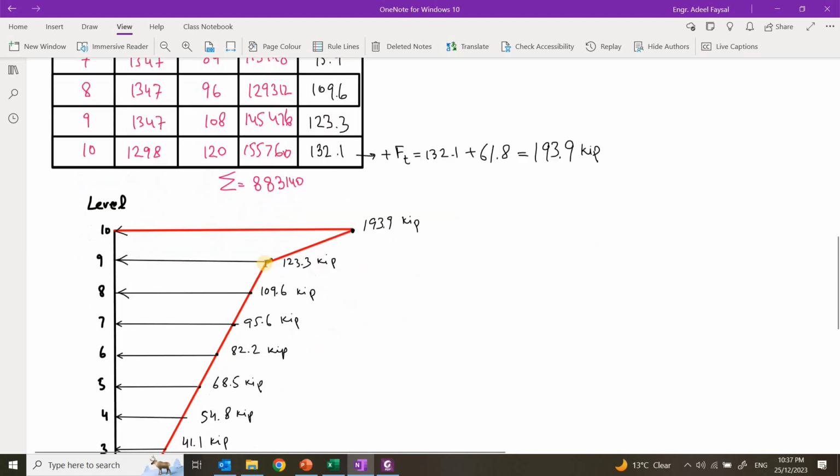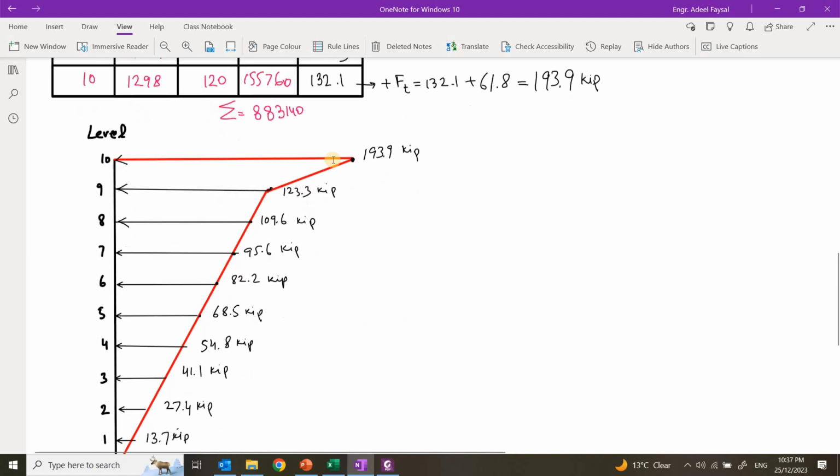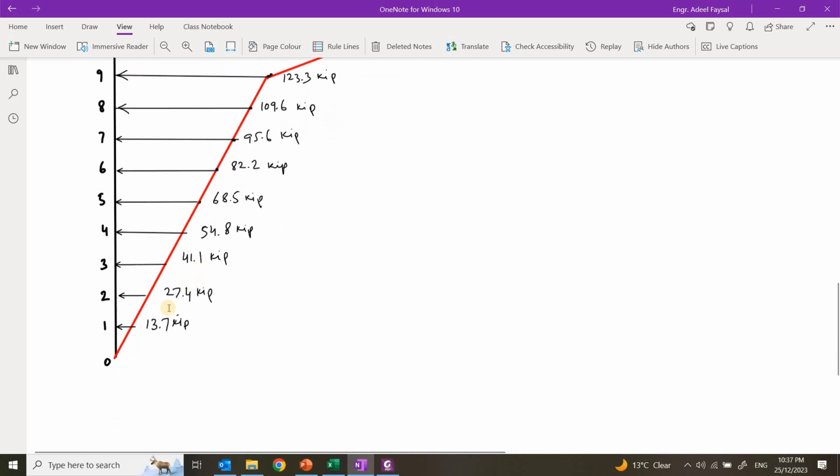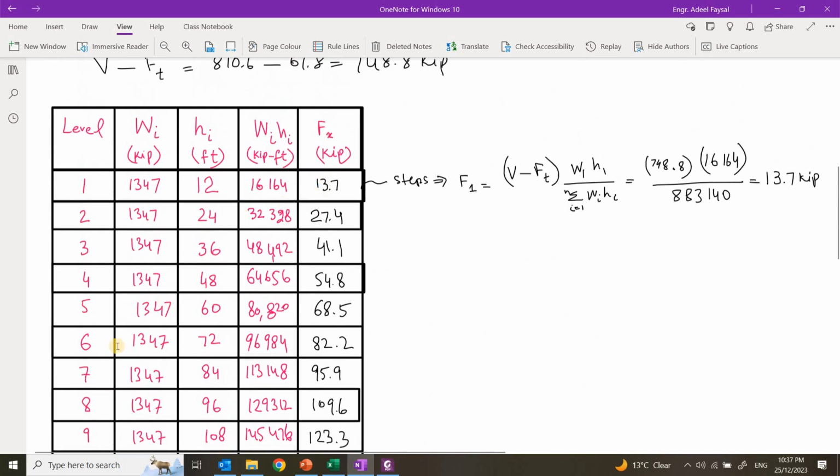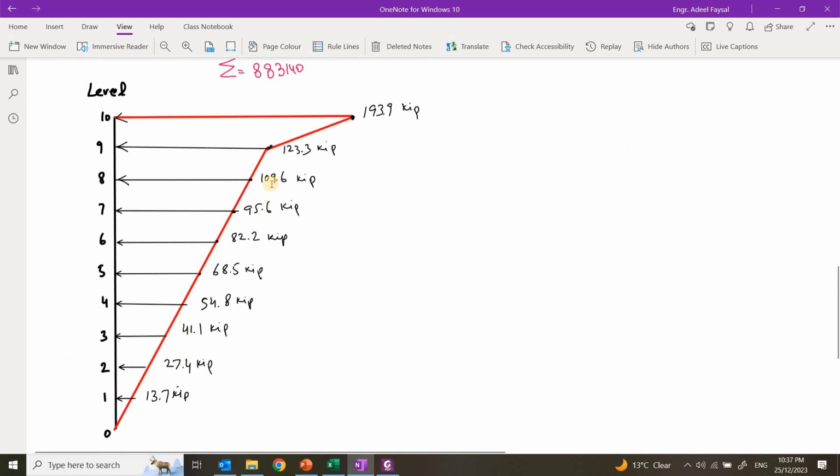Now this is the graphical way of showing that distribution. For the first level it was 13.7 kip, then second level, third, fourth, and then this was the 9th level, and then this is for the 10th level.